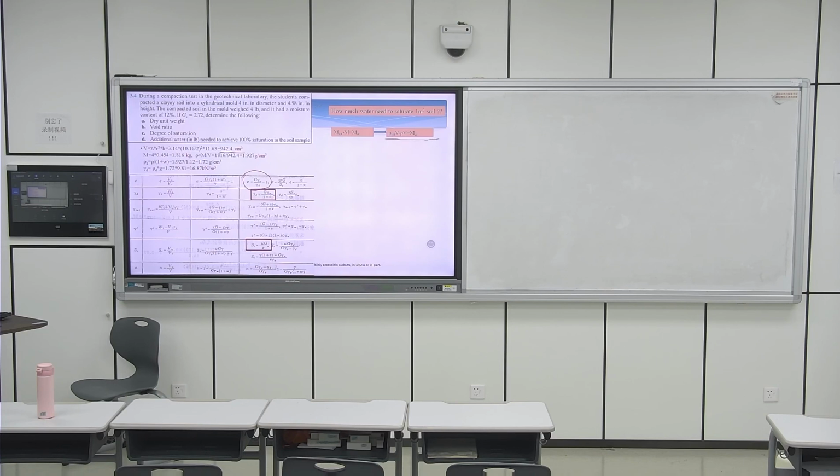Because the saturated mass, the moist mass, and the water mass each equal density multiplied by volume, but we use different densities here. Because the volume equals 1, the difference between the saturated density and the moist density gives you the mass of water you need to add to saturate 1 cubic meter of soil.